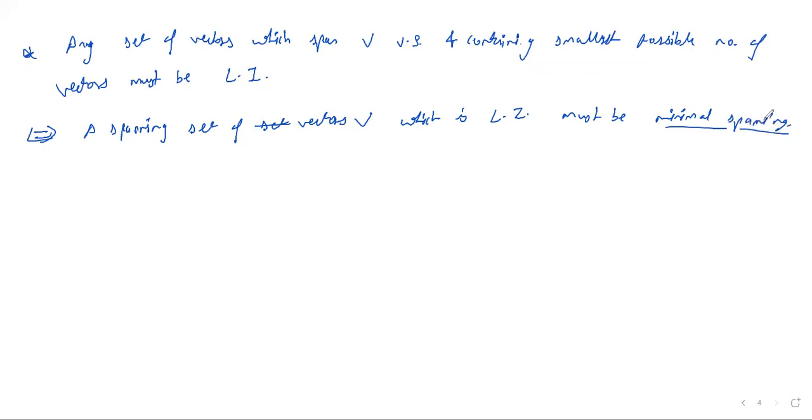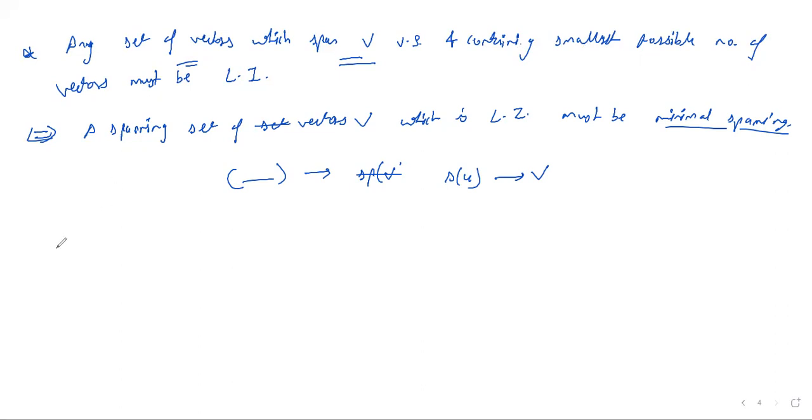In this, what we are saying is that any set of vectors, let us say U, which is spanning V and contains the smallest possible number of vectors, must be linearly independent.